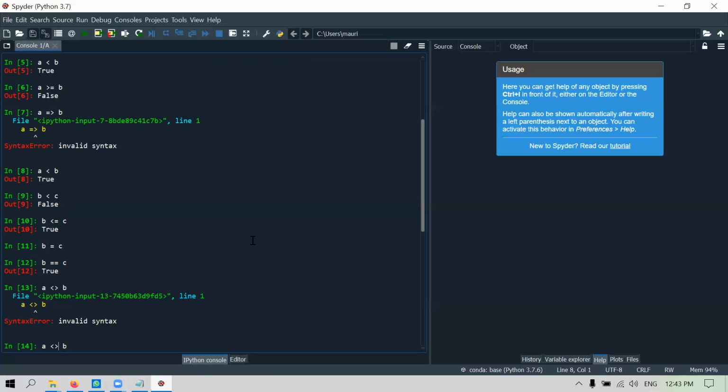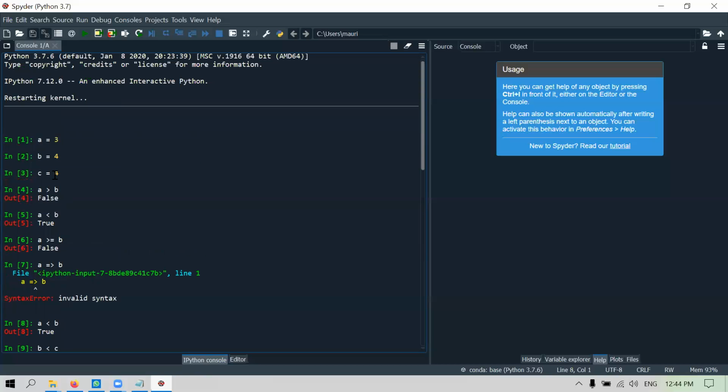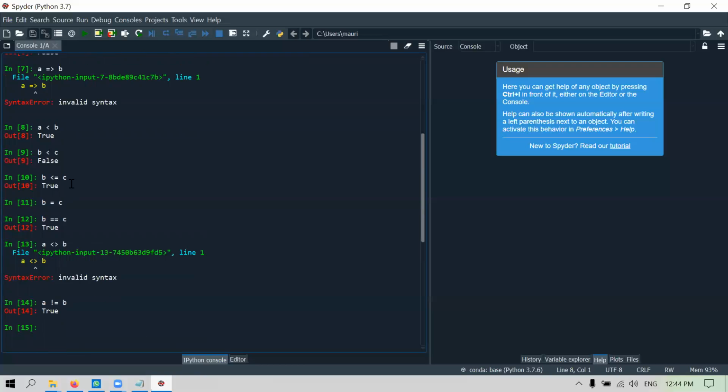Instead, we should use the not equals operator, which is exclamation mark equals. This is somewhat symbolic of your equal sign being slashed. Since A is 3 and B is 4, A not equals B is true.